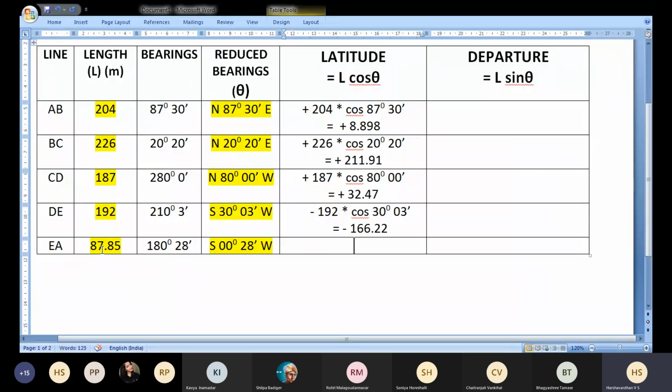Finally, we have the last line EA and its bearing is south west. Because it is south, latitude is negative.